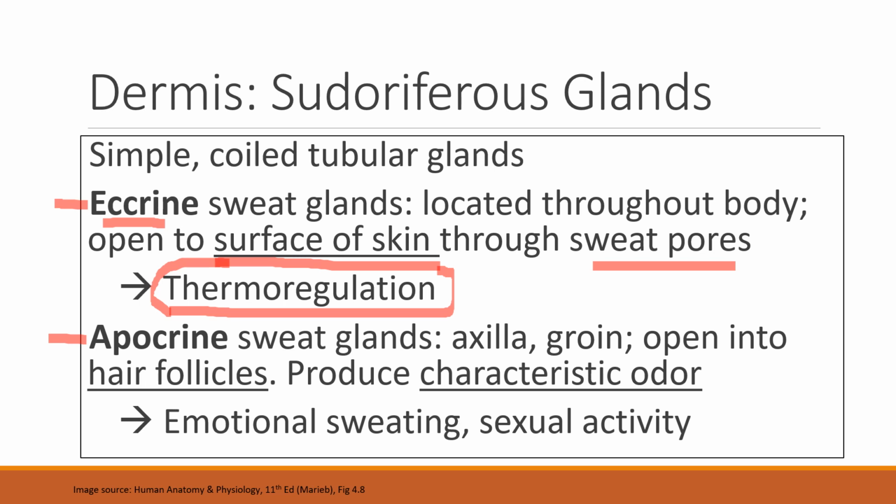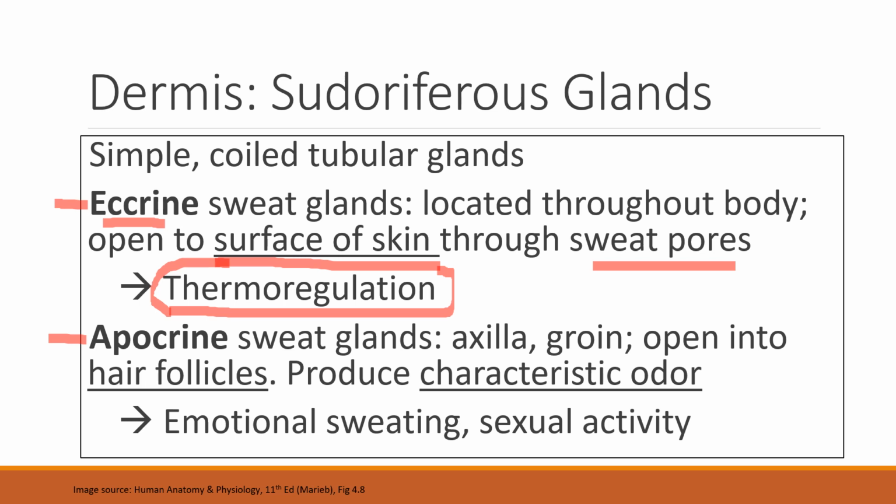But this perspiration's job is to help you keep your body cool. So if you're excessively hot, your body will perspire. The evaporation of that perspiration, especially in the presence of a strong wind or maybe a fan inside a house, helps to cool off your body. That's why, when you're exercising a lot and you perspire a lot, that's just a way for your body to help cool itself.